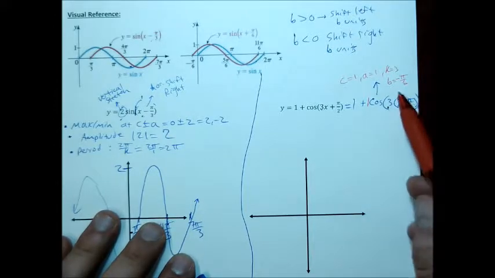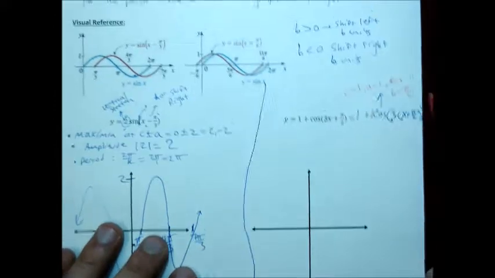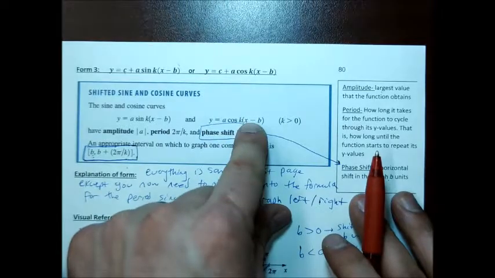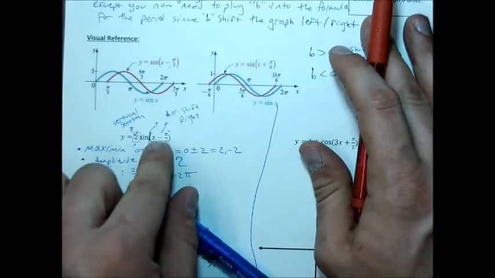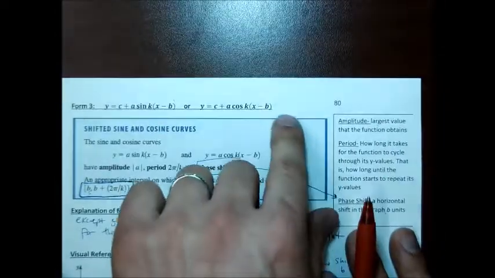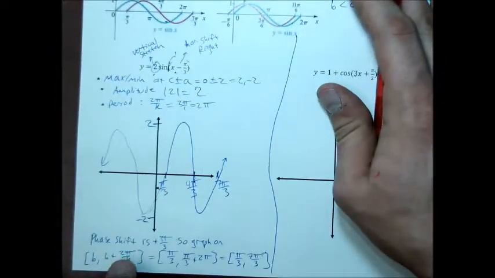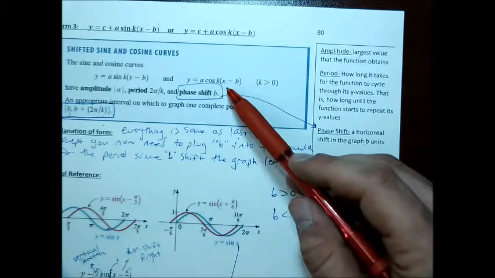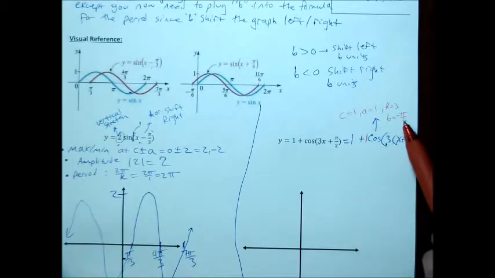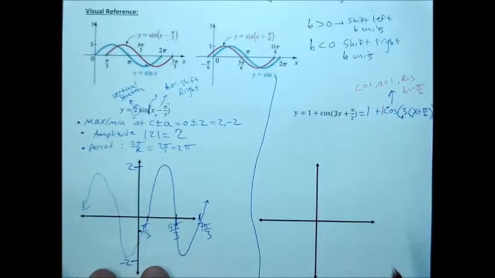I know it looks like a plus, but notice how in this formula it's negative. In that one, it was a negative sign, and so b was positive pi over 3. But since we've got a plus here, and this is a negative in that one, we think about b as being minus pi over 6.